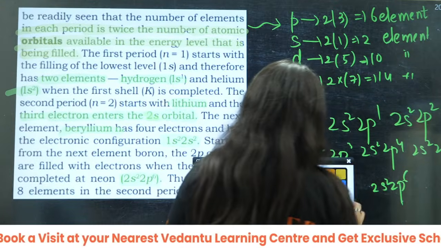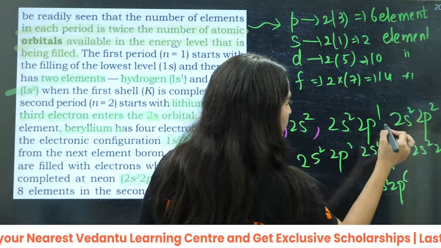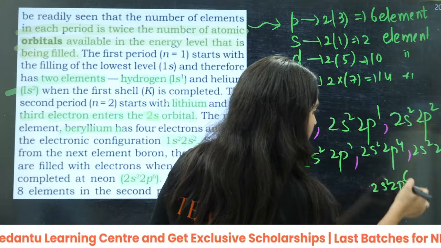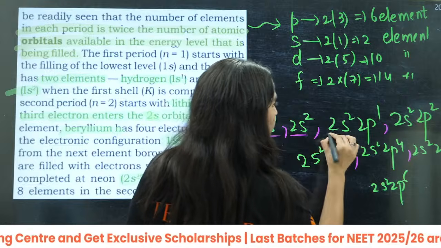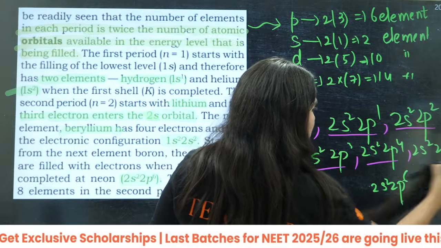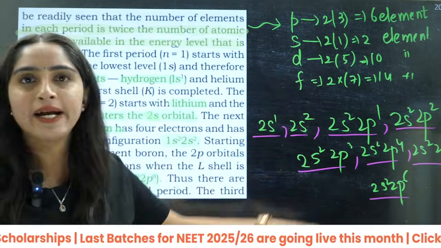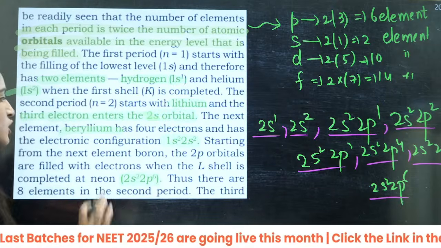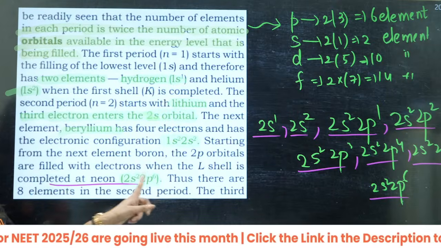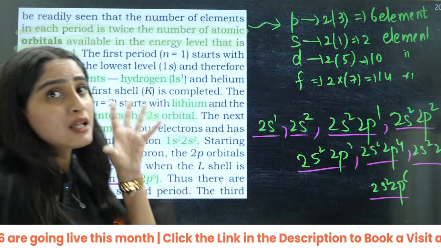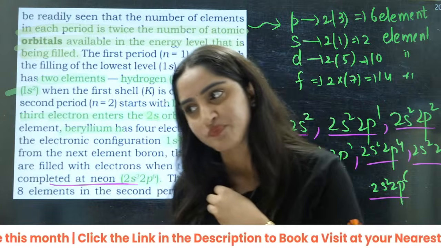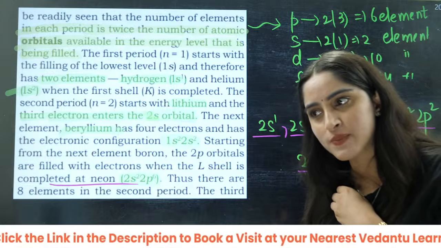That means this is what we are doing here. 1, 2, 3, 4, 5, 6, 7, 8. These are the 8 elements that are filled here, right? So that is why it has 8 elements, and this is the electronic configuration of the last element, that is neon. Okay?